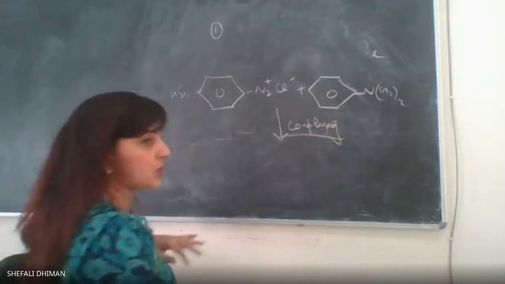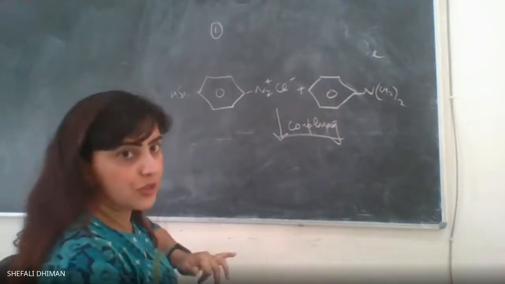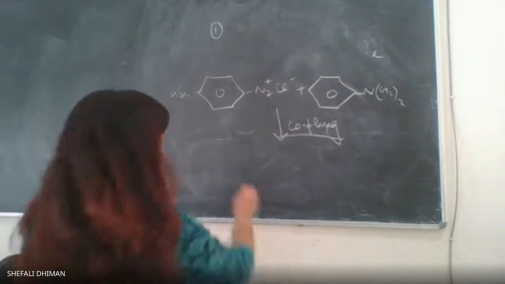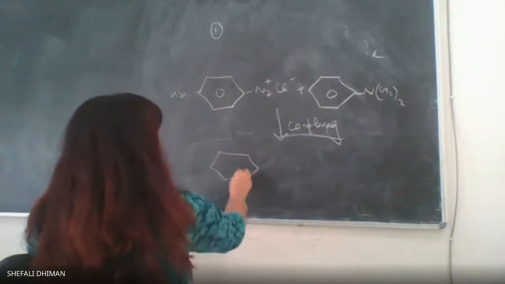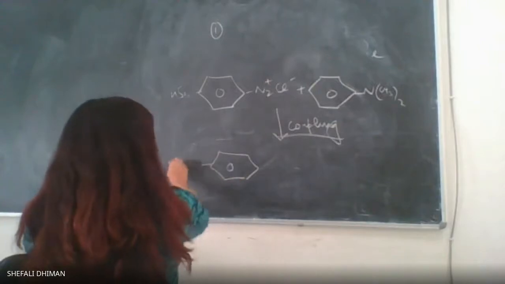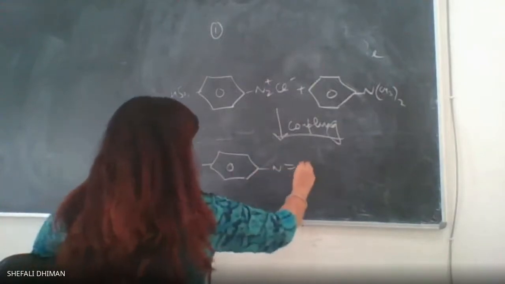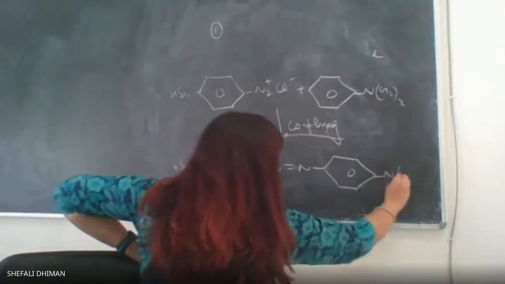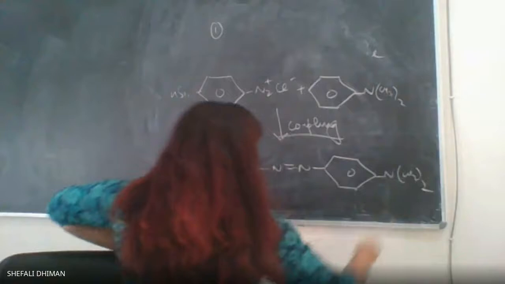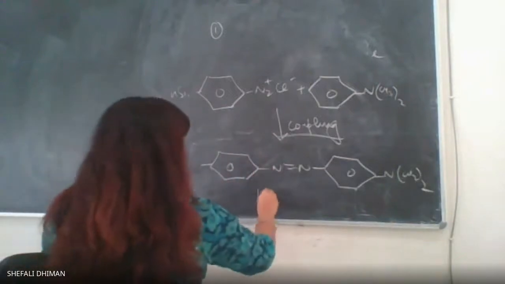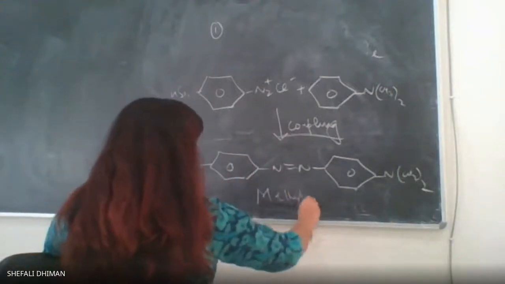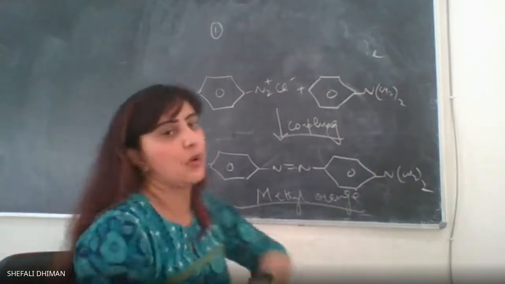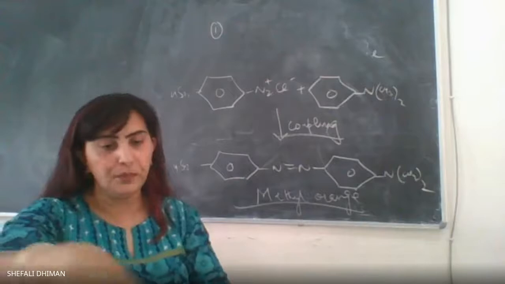The first reaction was called the diazotization reaction, and the second reaction is called the coupling reaction. So I'm going to get the coupled product. I'm writing it again because it was not clear in the pictures. So this is methyl orange at the top. So this is methyl orange as the dye.